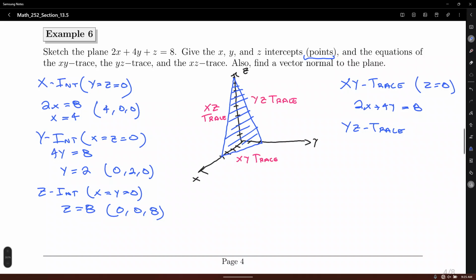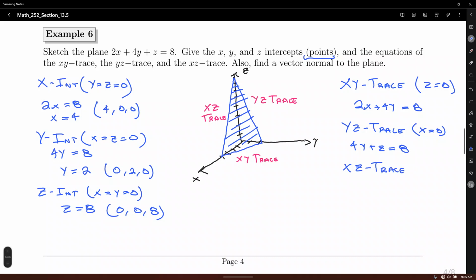What about the yz trace? Notice in our label here, the x variable is the one that is missing. That means we set x equals 0. That's going to be this trace right here. So make x equal to 0, cross it out. That's going to leave us with 4y plus z equals 8. And lastly, the other one: the xz trace.